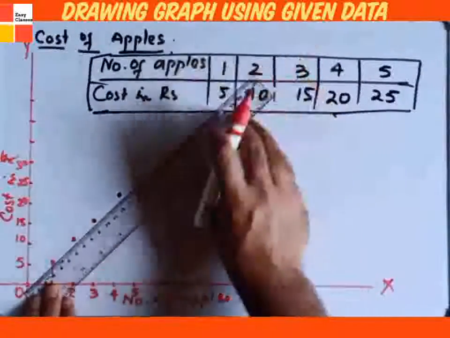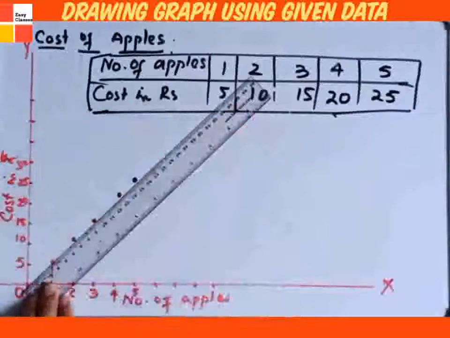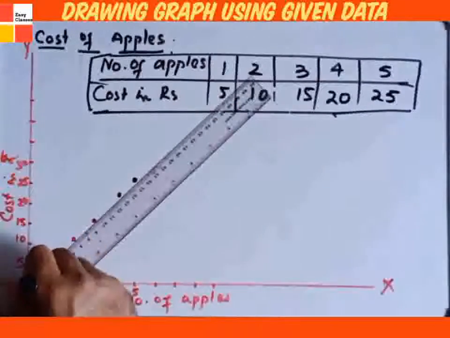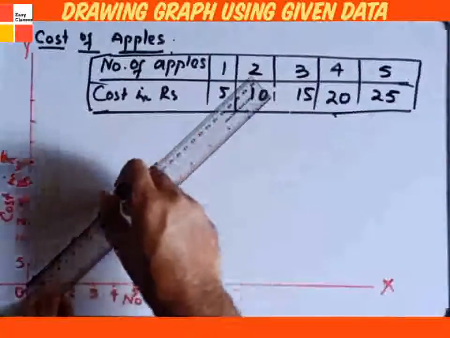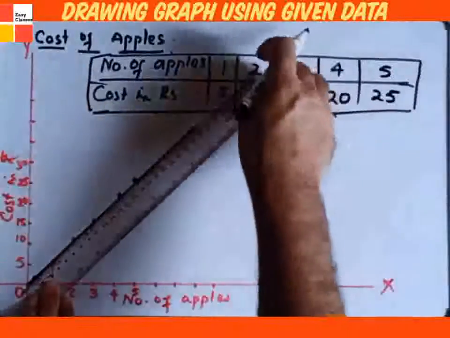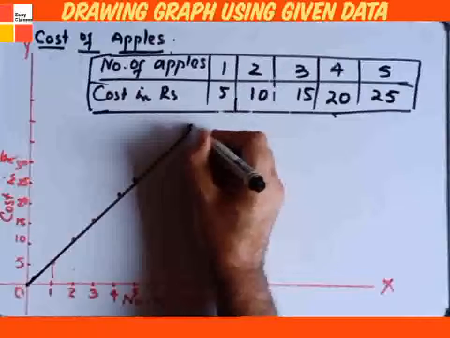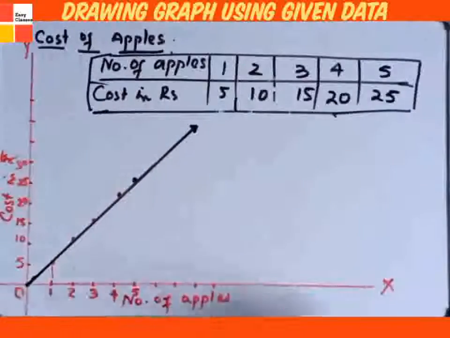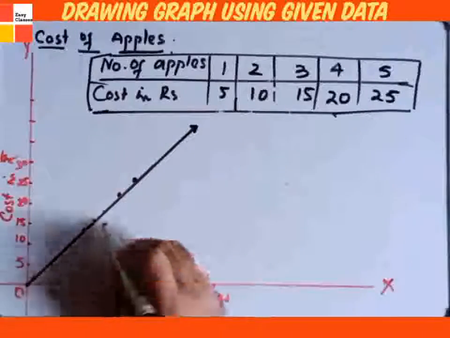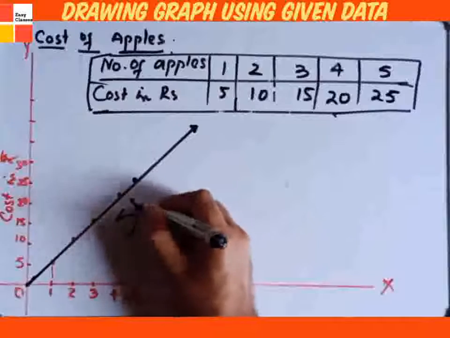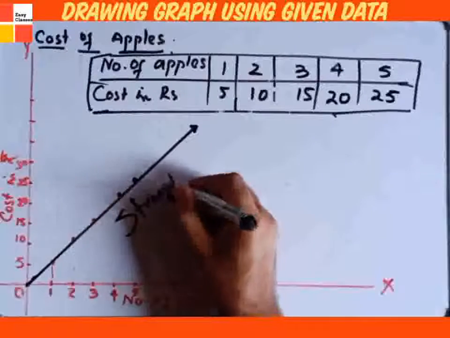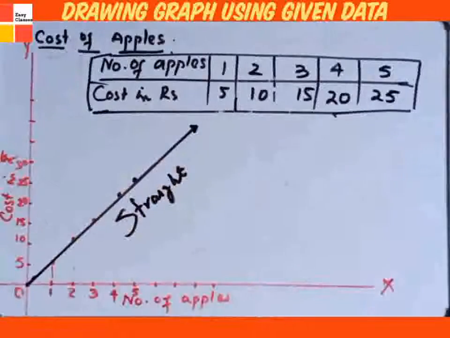So you can see that this line will pass through the origin, and we get a straight line. This means that as the number of apples increases, the cost increases, right.